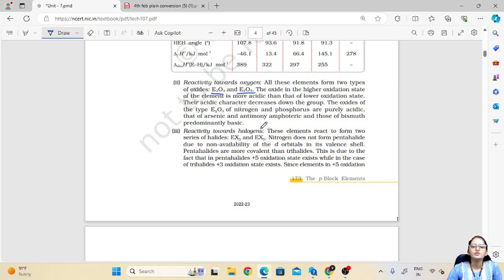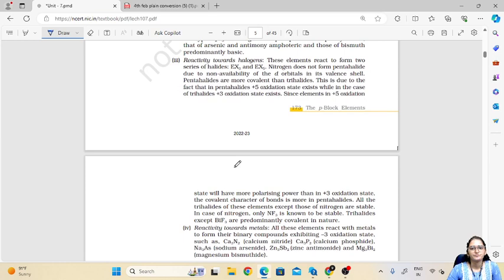So based on how they react with oxygen and which type of oxide they form, they are classified as acidic, basic and amphoteric. Then reactivity towards halogens. The elements react to form two series of halides, EX3 and EX5, where E is the group 15 element.